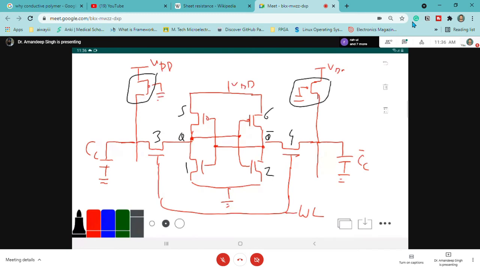Let's consider first that we are going to read 0. Your Q is storing 0, and this node is storing 1. We have to read the 0, so we are reading through this, because 0 is stored here.